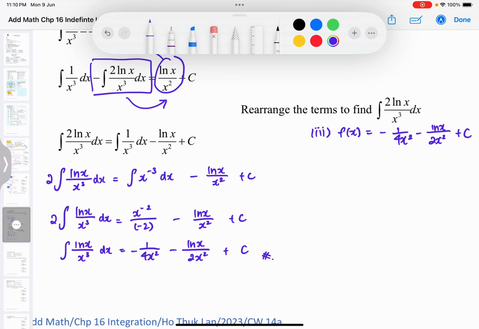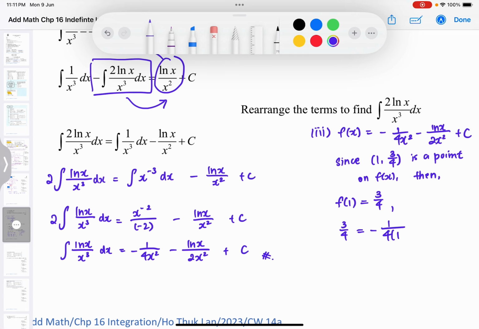Understand? Since we are given that (1, 3/4) is a point on f(x), it means that when I sub in x equals 1, f of x is 3 over 4. So 3 over 4 is equal to negative 1 over 4.